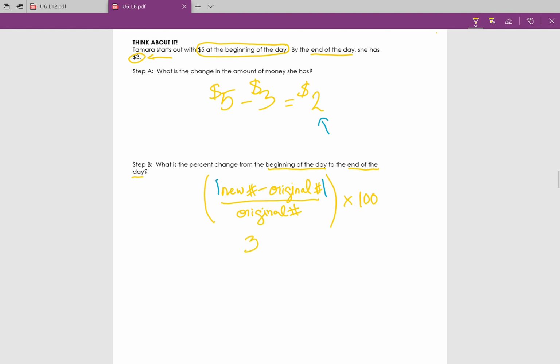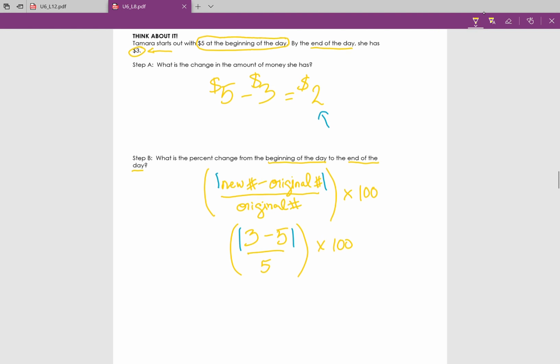So we have 3, and our original is 5. And again, I'm going to highlight those absolute value signs so that we don't forget we have to take that. Now it says over the original amount, which is $5. Then after we do all of that, we're going to multiply it by 100. So essentially, I'm just substituting into this formula.